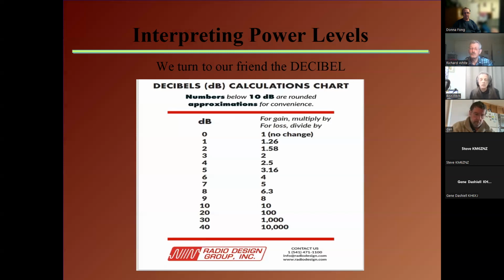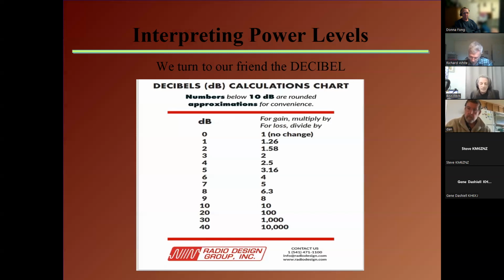So in order to be heard from an S5 to an S6, that requires a 6 decibel change. And that means you have to increase your power 4 times to make a difference that nobody will hear. Most people can't tell the difference between S5 and S6 or S7 and S8.